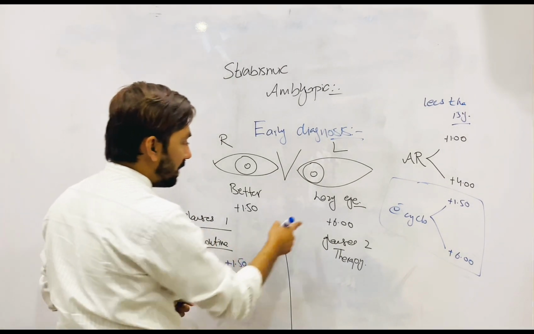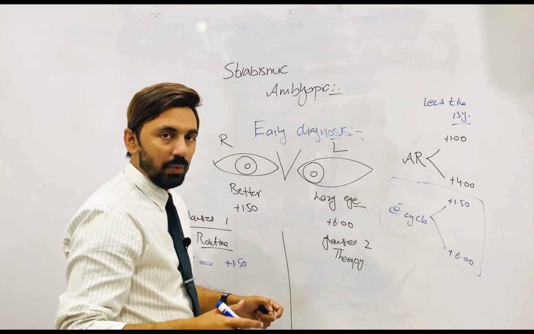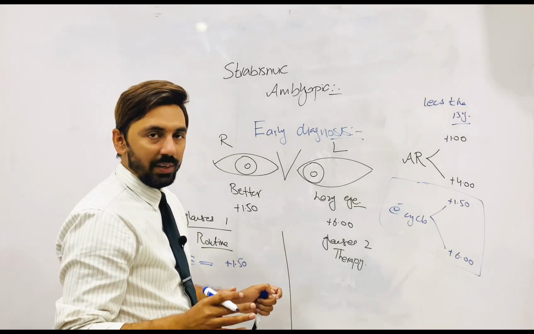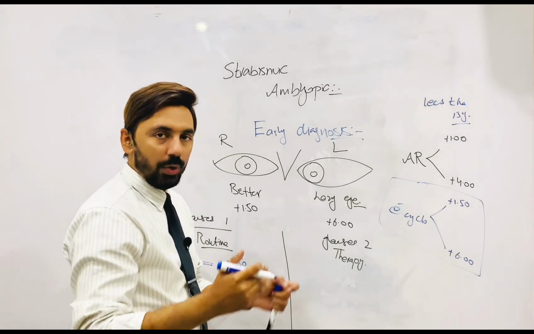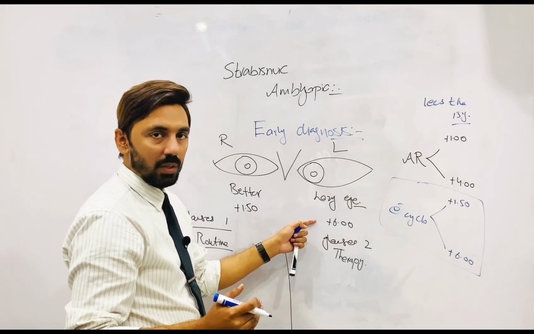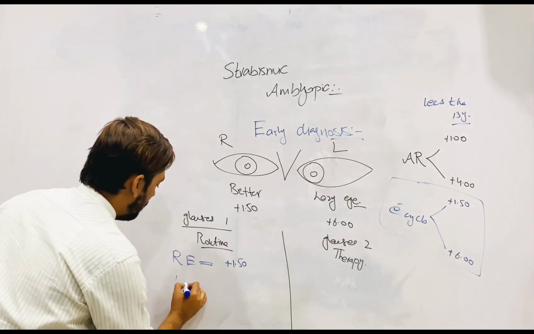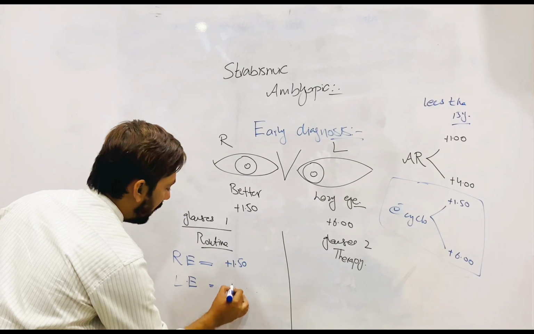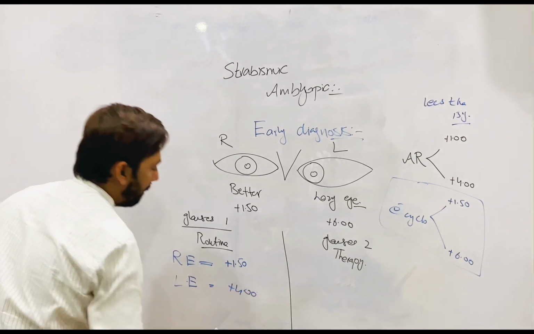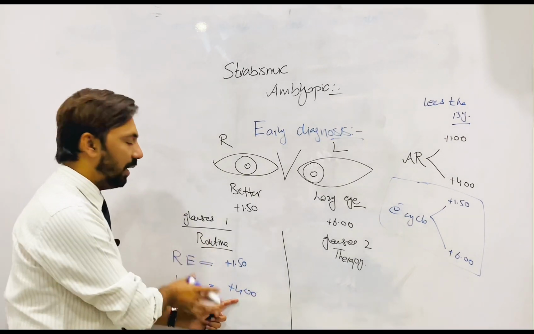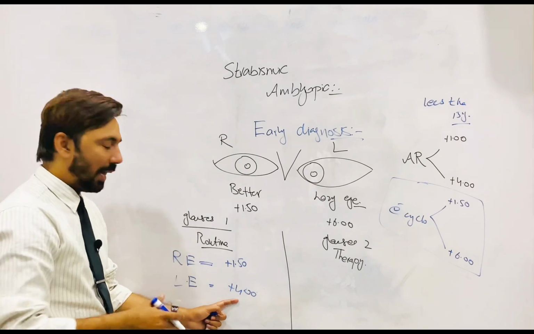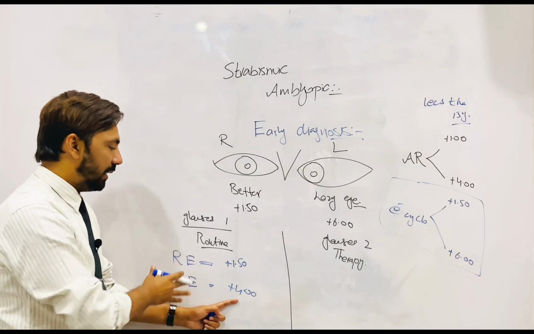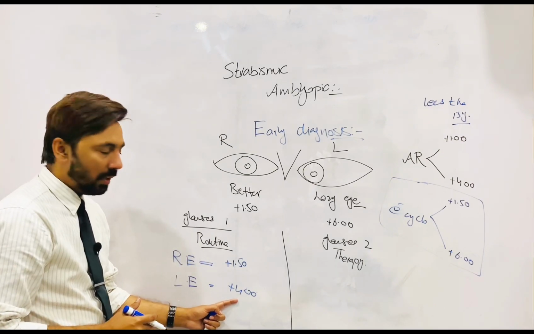But if we prescribe +6 in the left eye, it will not be tolerated by the patient, right? So we have to reduce the prescription in the left eye, like +4. So this is for routine work. The amblyopic patient will wear these glasses every time, right?